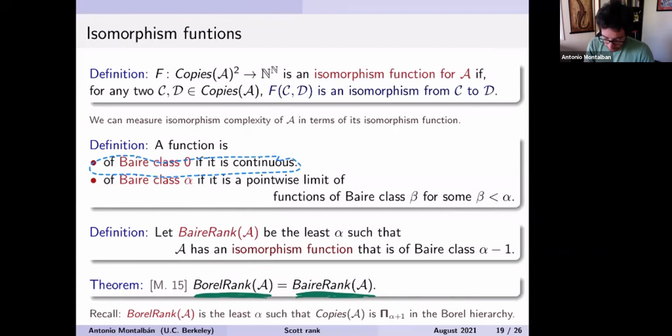Again, the space of structures is the same as Cantor space, 2 to the omega. So let me just write this theorem, and let's then discuss how much we want to go into details. Two theorems I'm going to write.